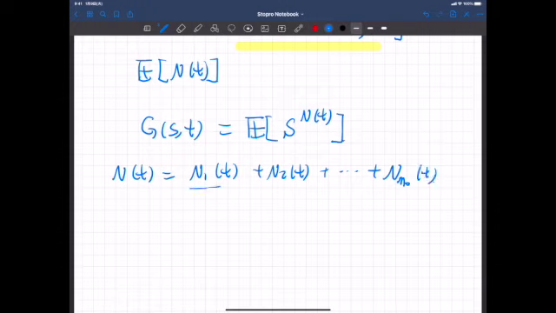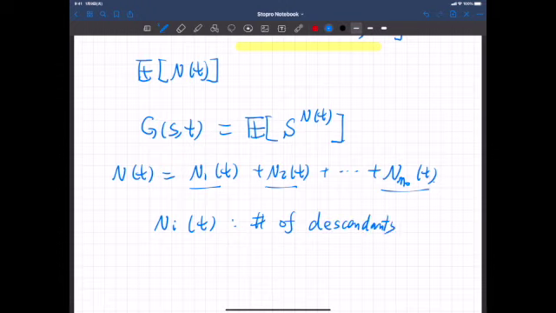Each of these is a random variable, and ni represents the number of offsprings or descendants of individual i.